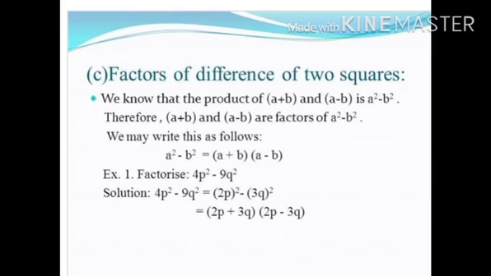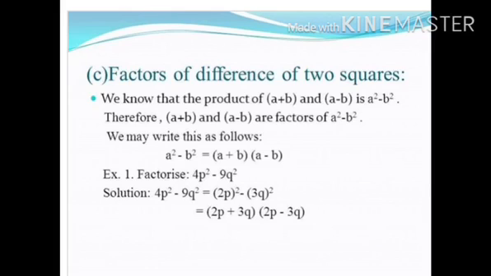We may write this as a square minus b square equals a plus b times a minus b. I already told you in the starting, factorization is the reverse process of multiplication. Now example, factorize 4p square minus 9p square.